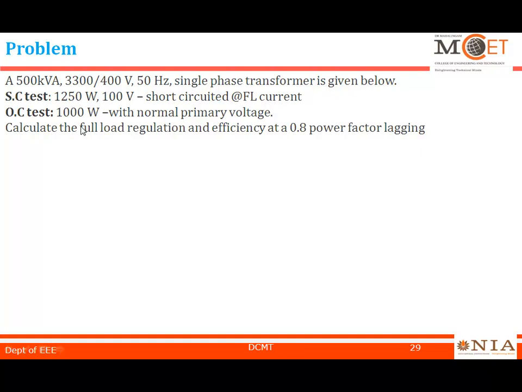Open circuit test: 1000 watts with normal primary voltage. Calculate the full load regulation and efficiency at 0.8 power factor lagging. So this has been given. From this we are going to solve the problem. Try this out. The formulas have been explained in the previous slides.